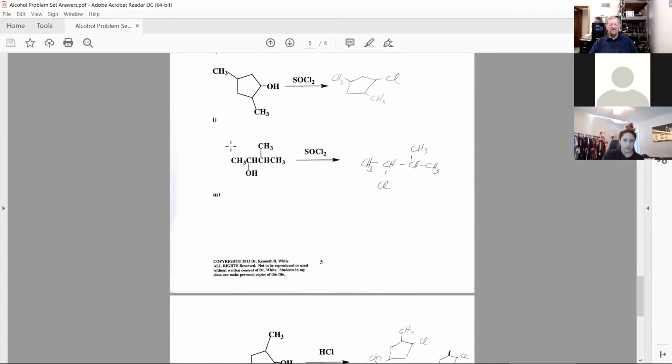And same thing for alcohol, SOCl2, replace the hydroxyl group on the carbon with the halogen chlorine.